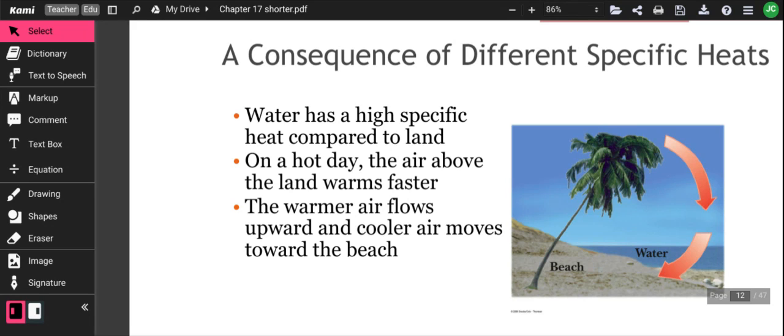The reason is that aluminum has a low specific heat, and so it cools down much quicker than the food that was being cooked, or maybe even the steel tray that it was being cooked on.